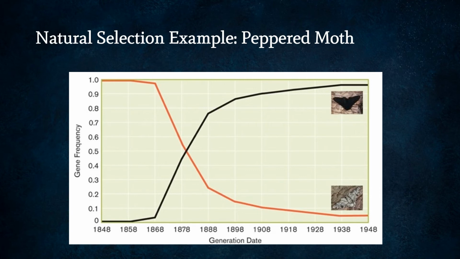So you might think that previously the peppered moth in its light form was highly evolved and had a perfect adaptation. But if the environment changes, an adaptation that was great can become maladaptive, and the mutation that was a disadvantage can become an advantage.